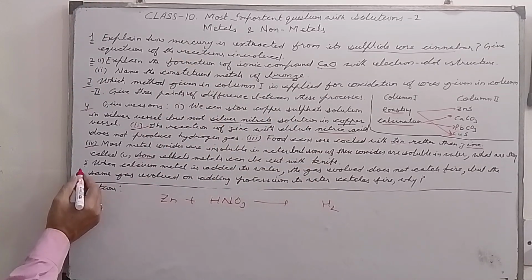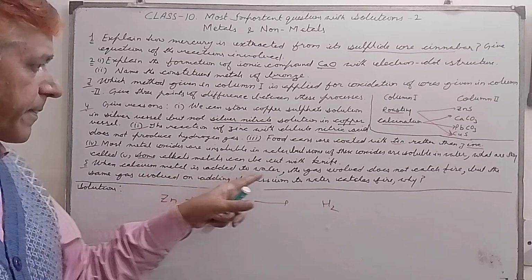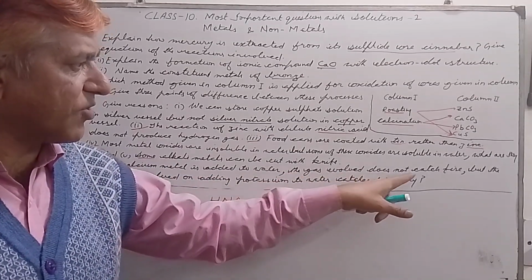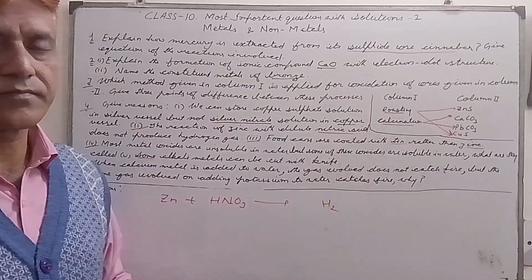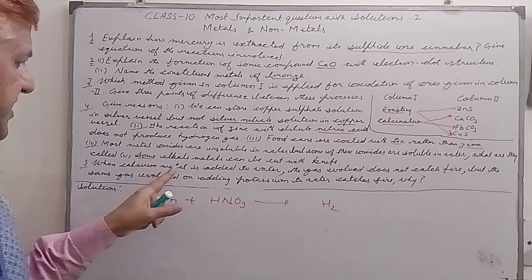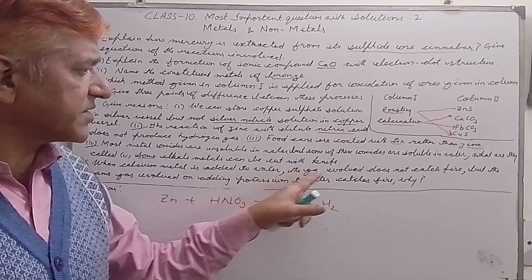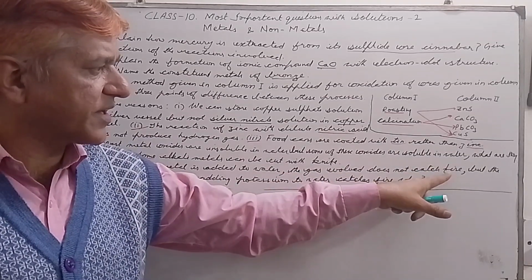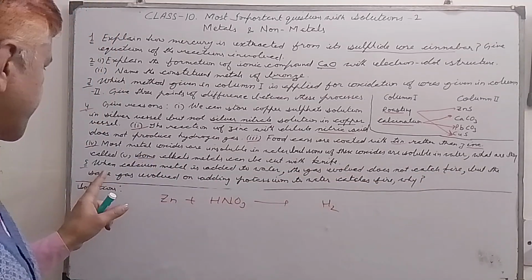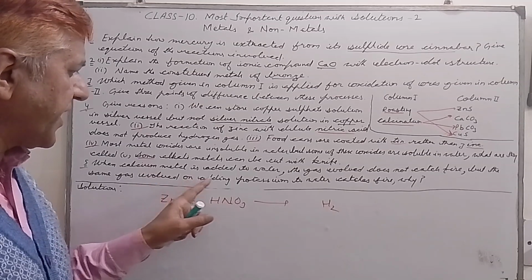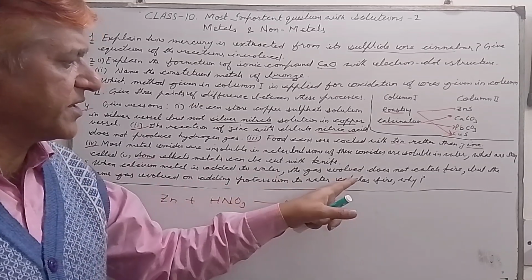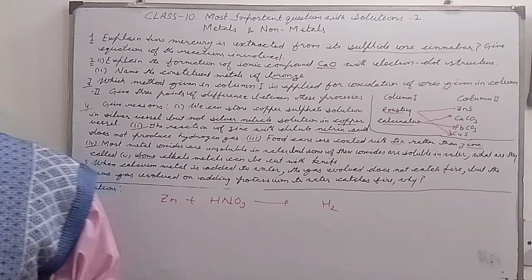The next question is: when calcium metal is added to water, the gas evolved does not catch fire, but the same gas evolved on adding potassium to water catches fire. Why?